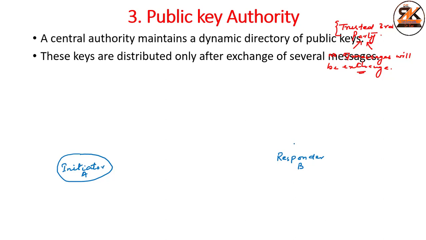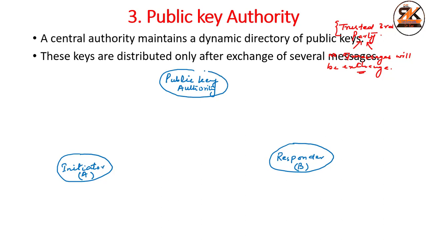Suppose its name is B. The same scenario where Alice and Bob want to communicate. This is Alice and this is Bob, and in between them we are going to use a public key authority. So here we have this public key authority. First of all, a first message will be sent by the initiator, that is Alice.